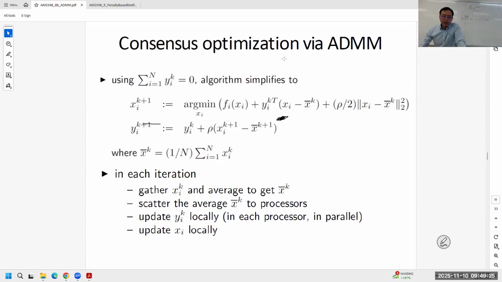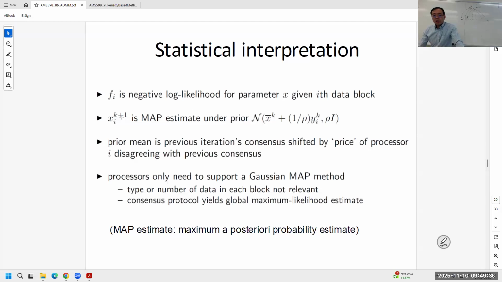If you don't know about this, that's fine. I originally designed this class mainly for students in the statistical track, but I understand that most of the class right now is data science. So if you are not familiar with Bayesian statistics, or with the so-called MAP, MAP stands for maximum posterior.